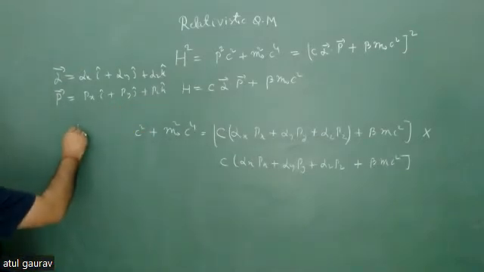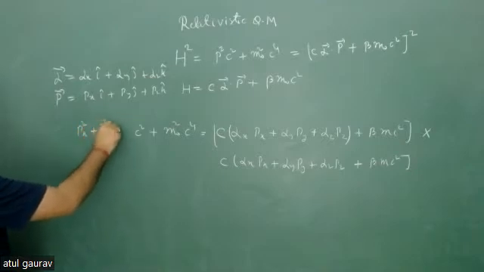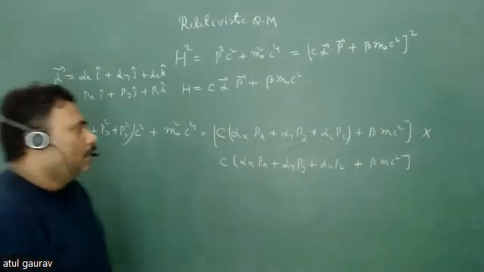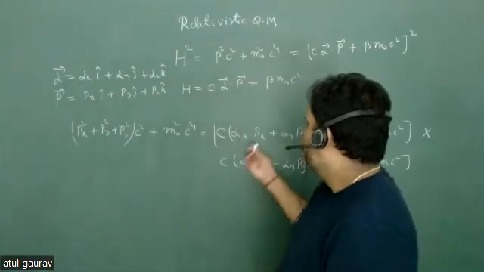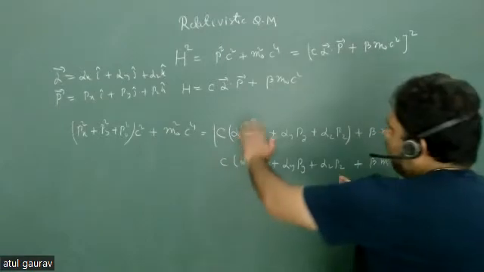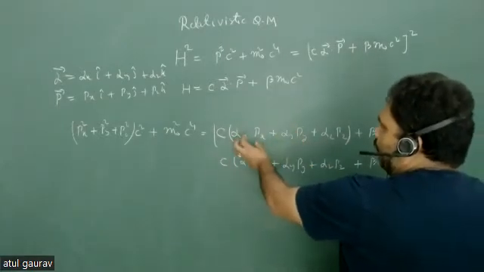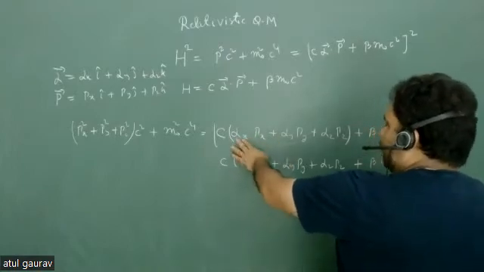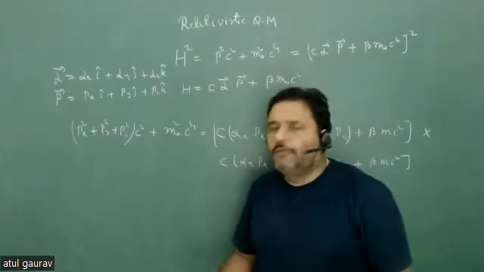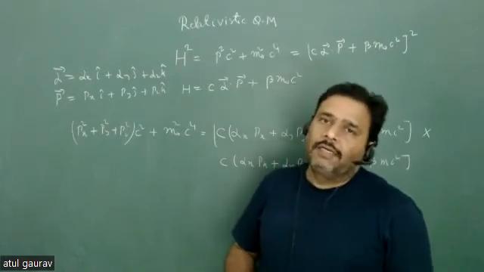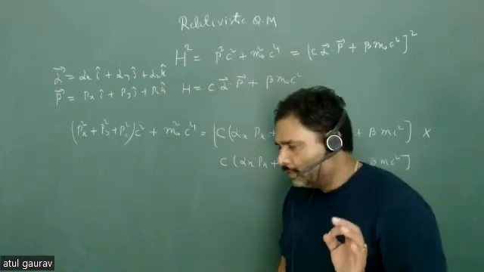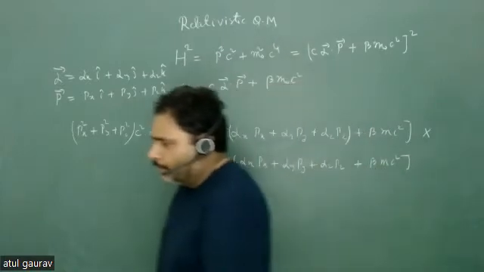Now we will compare the coefficients of px square c square on both sides, py square c square on both sides, and these are the diagonal coefficients. There are also coefficients like alpha x alpha y, which will be the coefficient of px and py, because px and py commute with each other. So there is no harm in writing px into py equal to py into px. Are you people understanding the logic behind that? Everyone? Yes, sir. Okay.